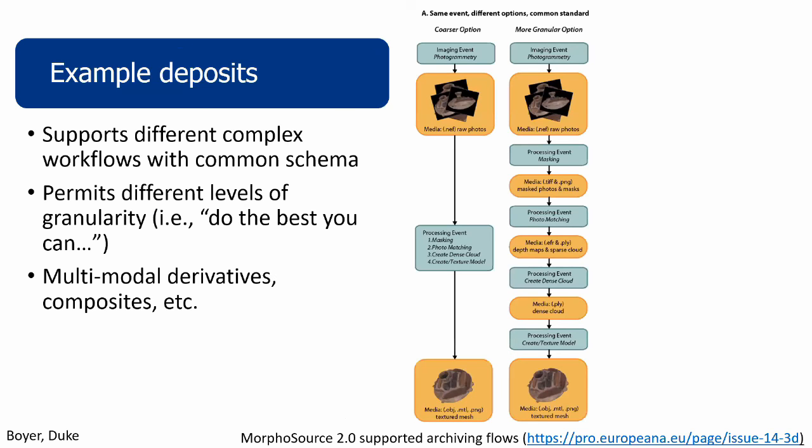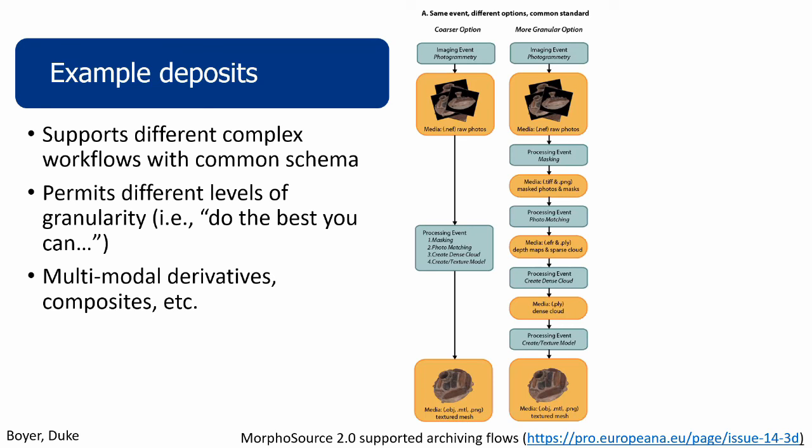As one example, we could take the same photogrammetry data collection and processing event and represent it two different ways under the same schema, according to a user's preference and the data that they had been able to save, and we still have full documentation of that site.